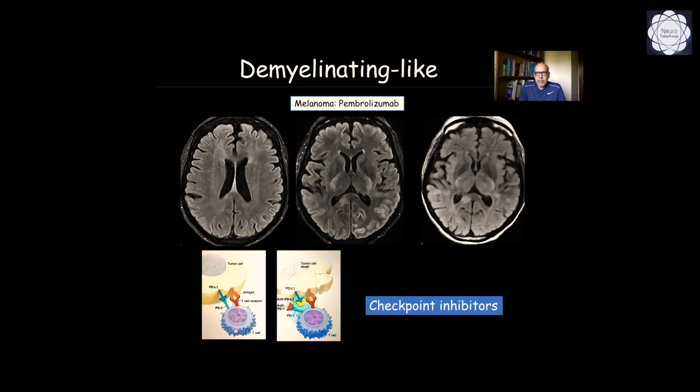In this particular patient that had a melanoma, he received pembrolizumab, and you can see these focal lesions in both corticospinal tracts and the corpus callosum, typically demyelinating, and sometimes they can be reversible after the withdrawal of the drug.